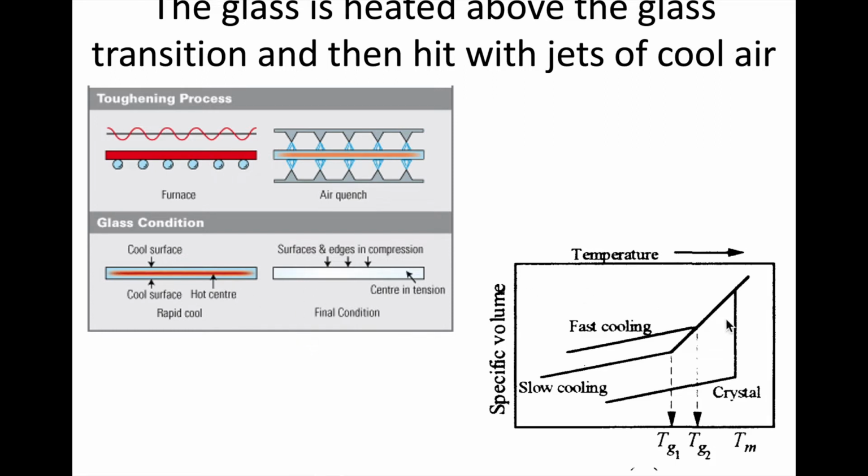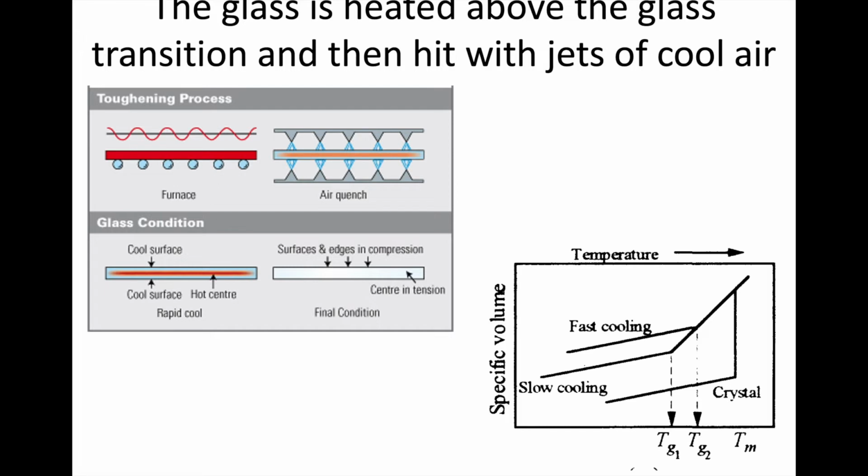If we go back to the specific volume curve that we first discussed and look at the glass material, these two curves show fast cooling and slow cooling. If we cool the glass fast, the exterior of the glass is like this one, and this curve is above the other, which means it has a higher specific volume.